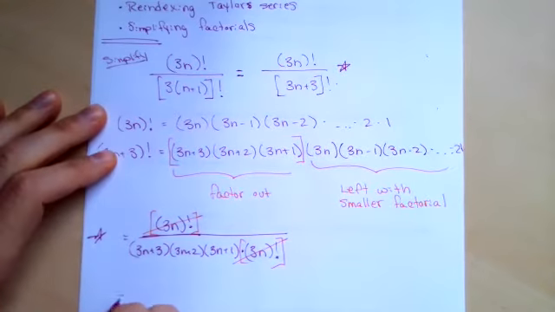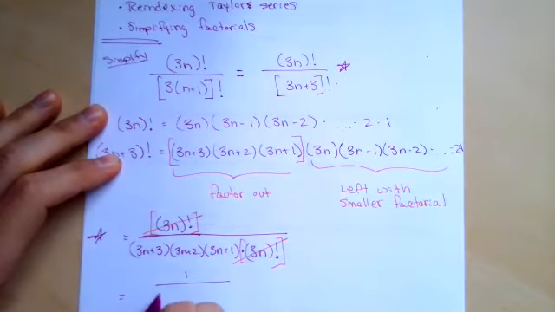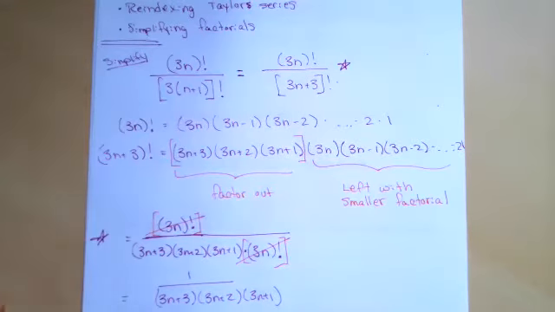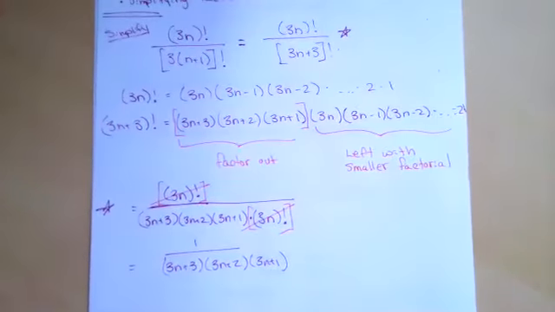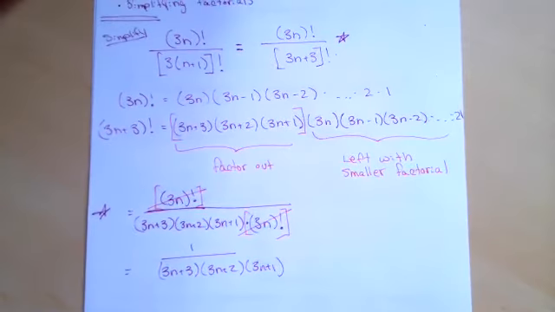And so our simplification is just going to be 1 over 3n plus 3, 3n plus 2, times 3n plus 1. Anyone still writing, or any questions on that?